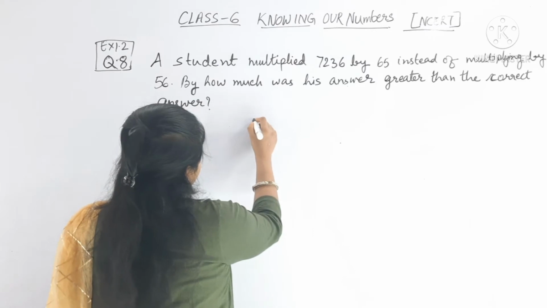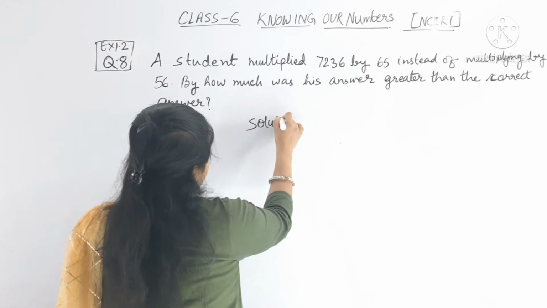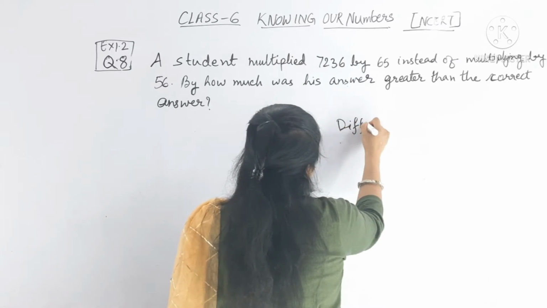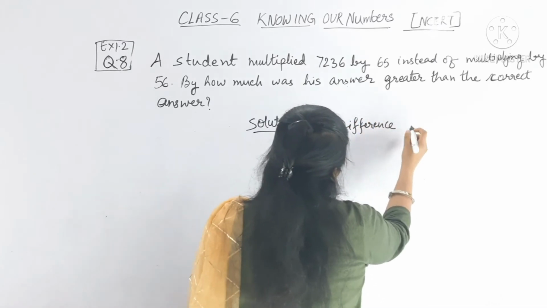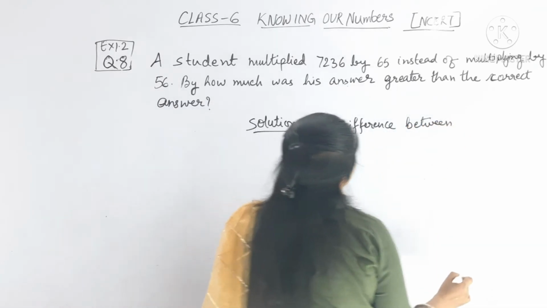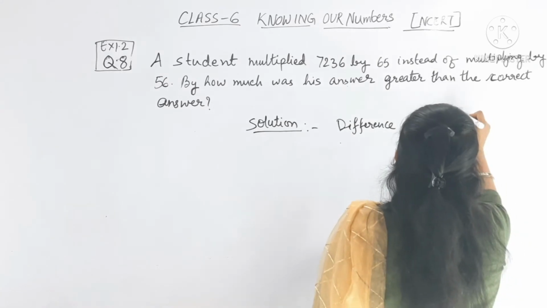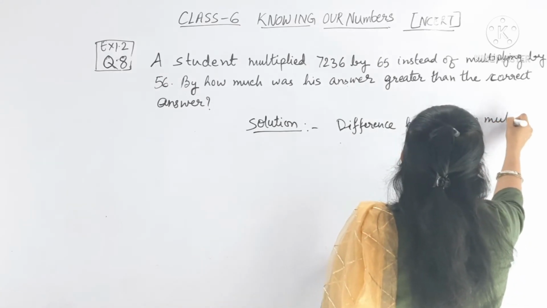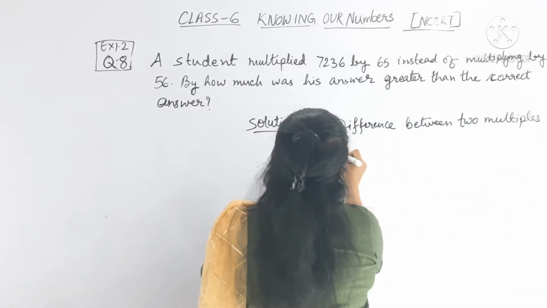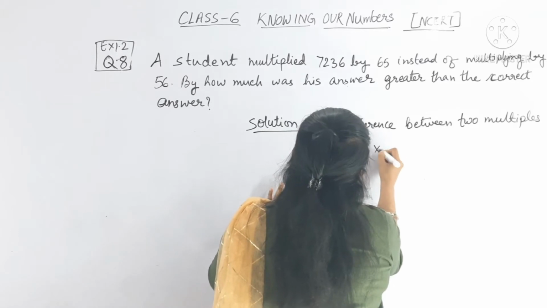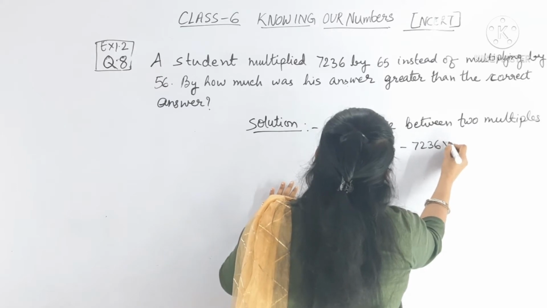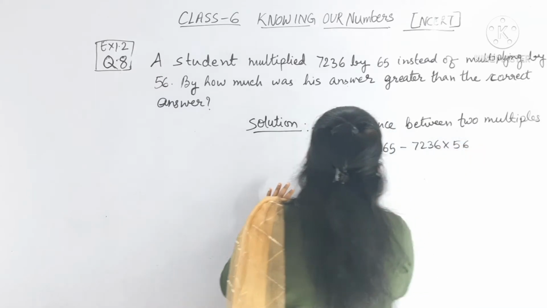So for this I am writing the solution. This is the difference between two multiples. So 7236 into 65 minus 7236 into 56.